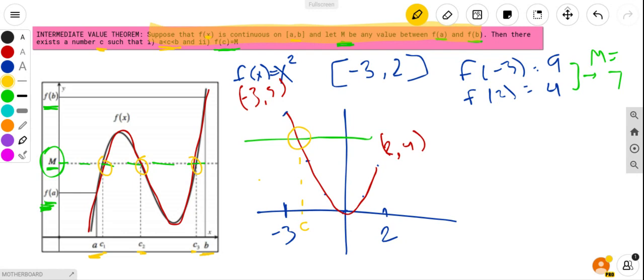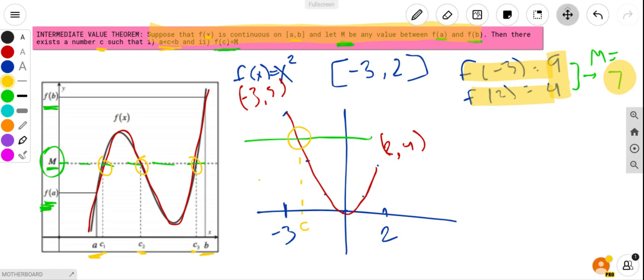So just like how I did it, I wrote out the equation, had the interval, I had to test out the endpoints, and then I could say, well, this number is between it, so I know it should exist, and I verified it. That's all there is to it.